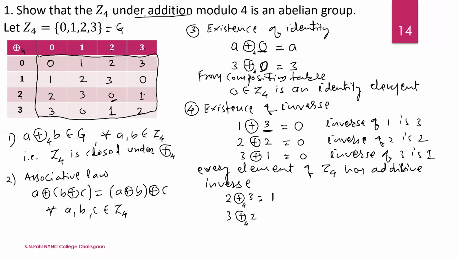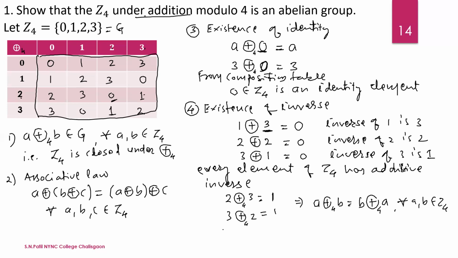And 3 plus 2, the resultant is 1. Okay. Similarly, you can find this operation for all elements. That is, A plus B is same as B plus A for all A, B belongs to Z4.